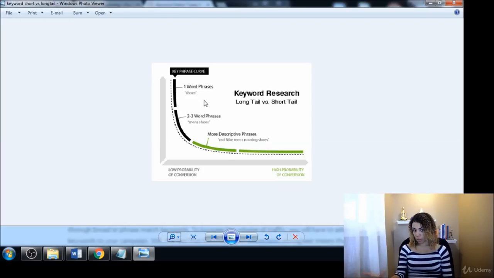Now, a good rule of thumb is if it's one word, it's a seed keyword for sure, or a short tail keyword phrase. If it has 3 to 4 or more words, it can be considered a long tail keyword. Usually if it's over 4 words or more, but sometimes even 3. It just depends on your industry and market.